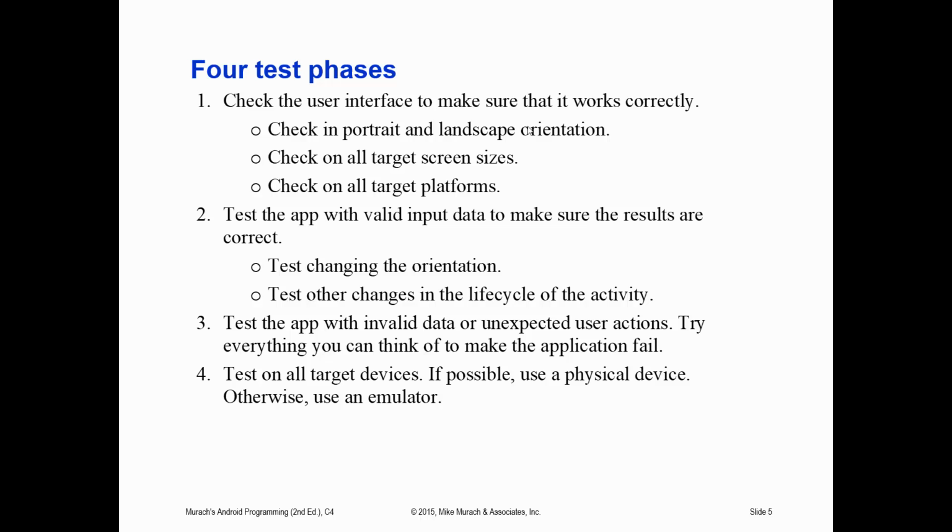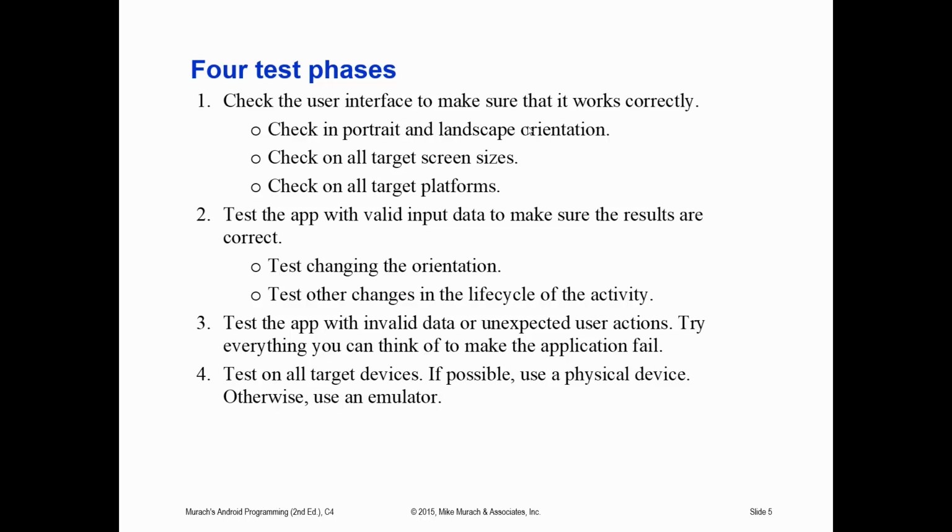Step 2 is validating that the program works as expected. So when you give it valid data, it does what it's supposed to do. In the third step, you want to give it invalid data. You want to try to break your program. It sounds kind of funny. You think, why would you ever want to break your program?